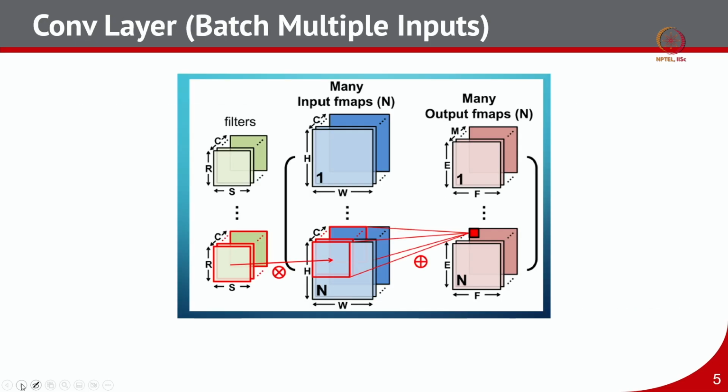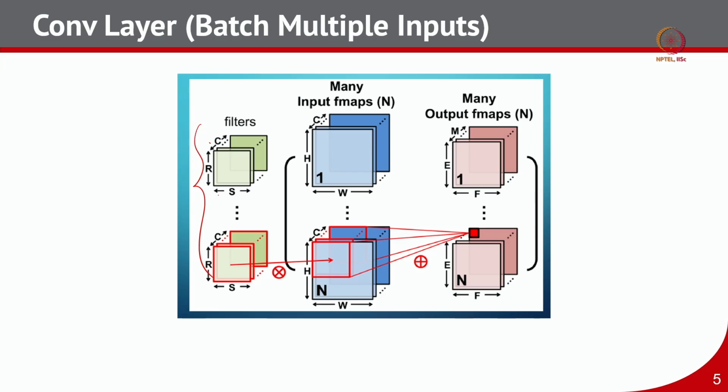We also discussed the convolutional layer, and how the convolution operation goes on. We have multiple filters. Each filter size is R by S by C. Why do we have C channels in the filter?